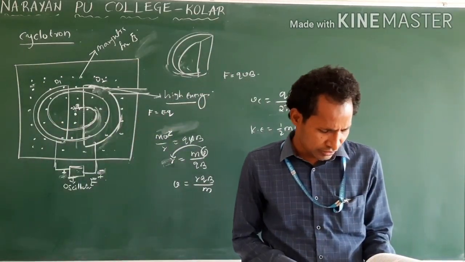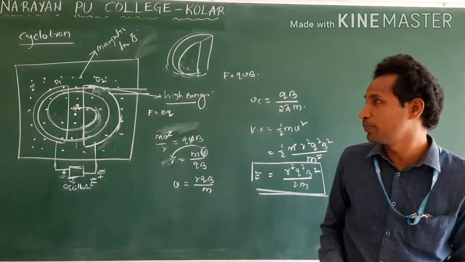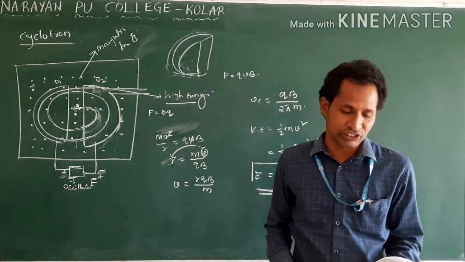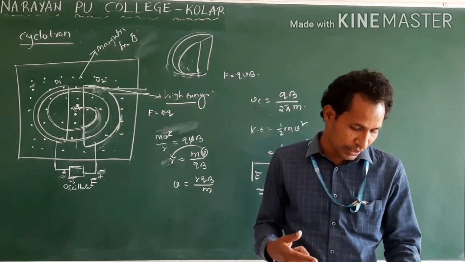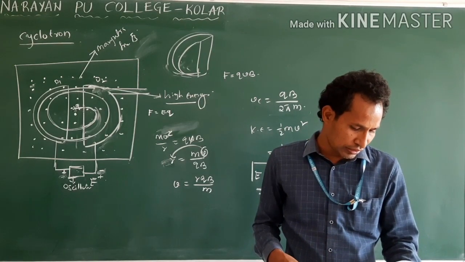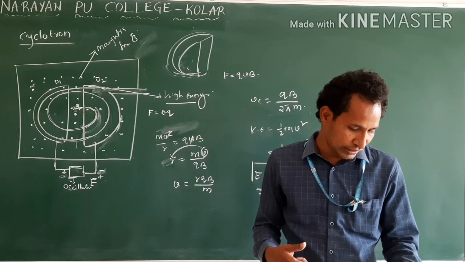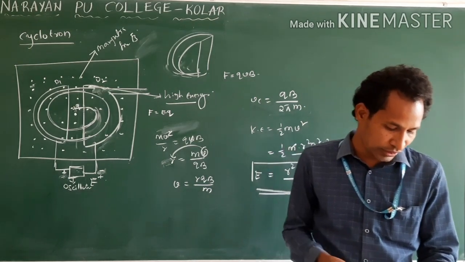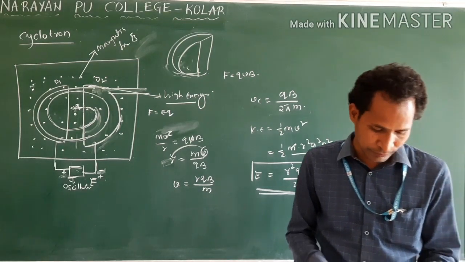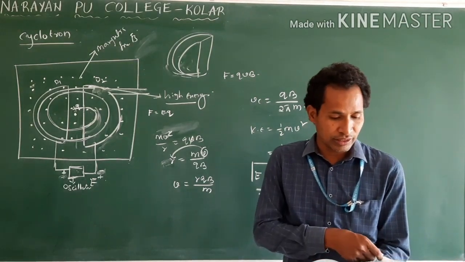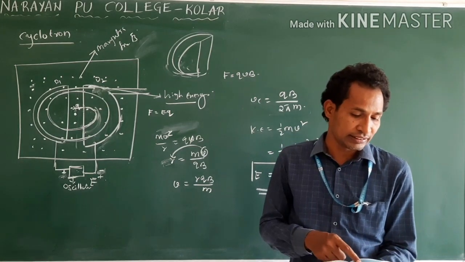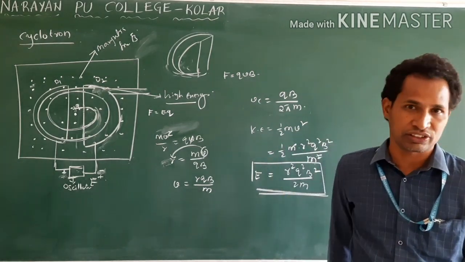Now we do expect applications of the cyclotron. The first main application is accelerating charged particles to attain high energy. These high-energy particles are used to bombard nuclei. The cyclotron is used to bombard nuclei with highly energetic particles accelerated by it, and to study the resulting nuclear reactions.